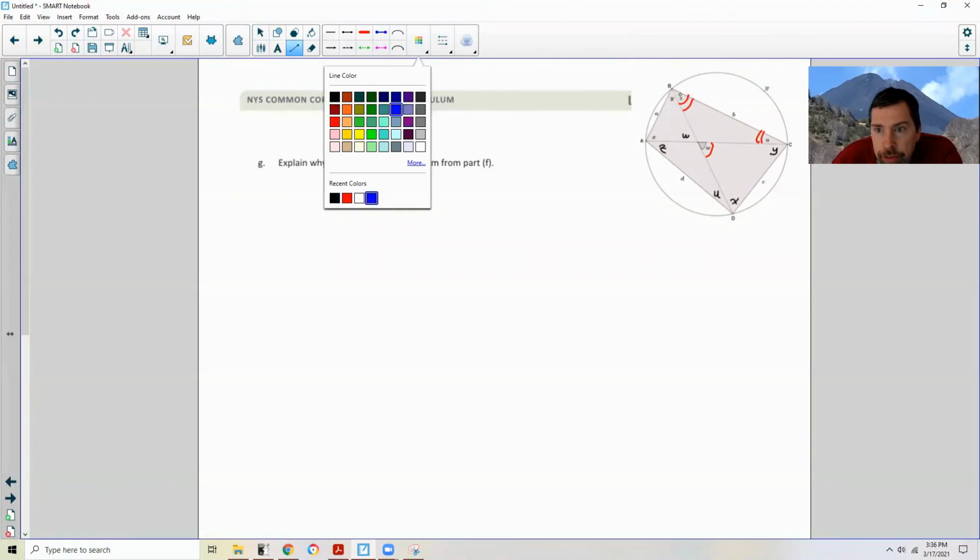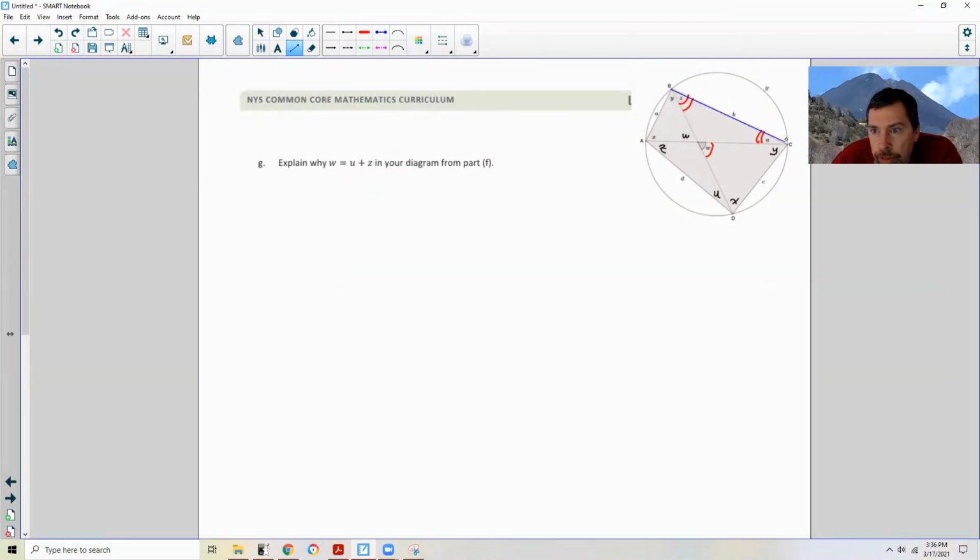So if you focus on this triangle right here, W is an extension of side B to here. We didn't name that intersection. So if W is an exterior angle, then it's equal to the sum of the two remote interiors. So W equals U plus Z because of that.